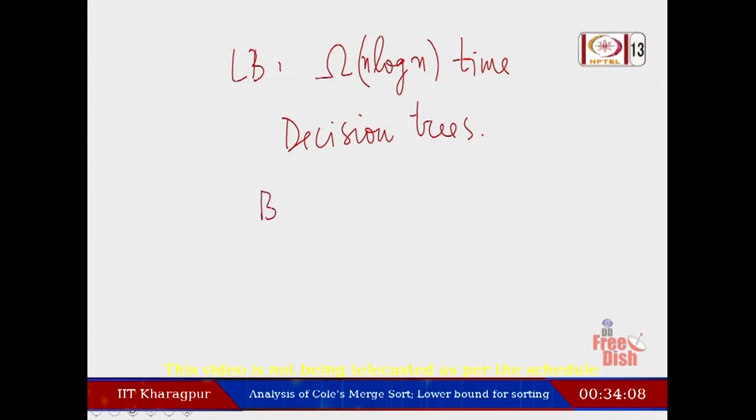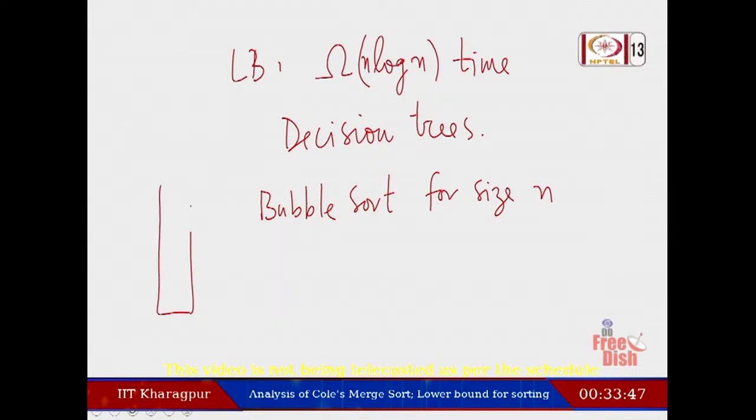For example, when you have a bubble sort implementation for size n, let us say, we are considering the algorithm for an input of size n. So in bubble sort, what we do is this: we consider an array of size n, we assume the elements are given vertically.